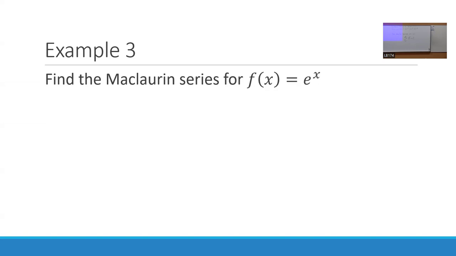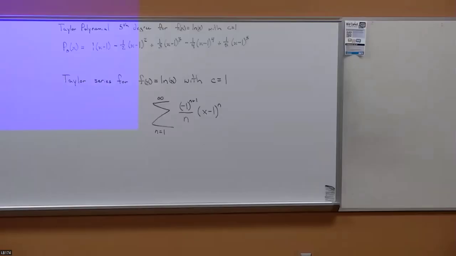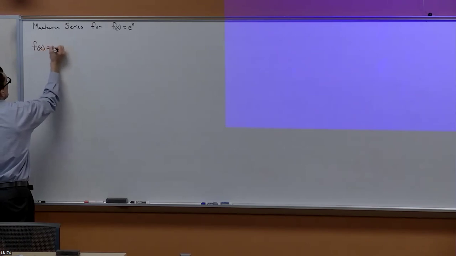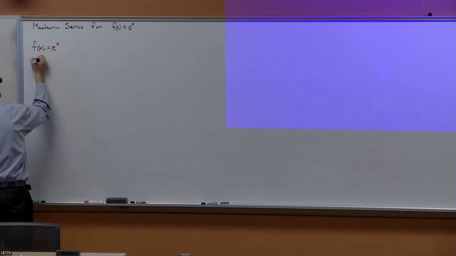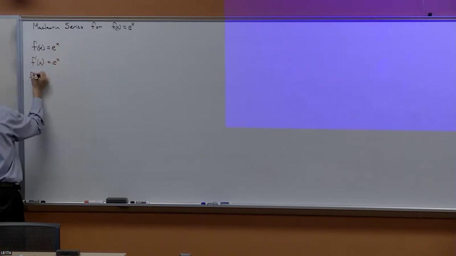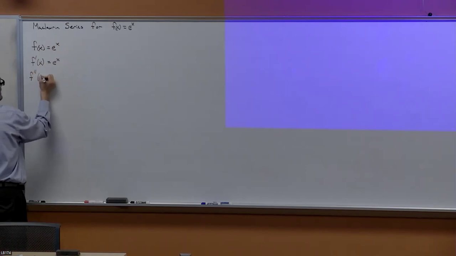That means centered at 0, right? We've actually done this one, at least some of it. f of x is equal to e to the x. If you start taking derivatives, you just get e to the x back over and over again.